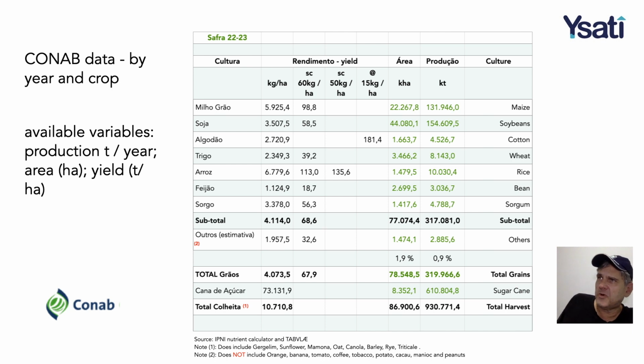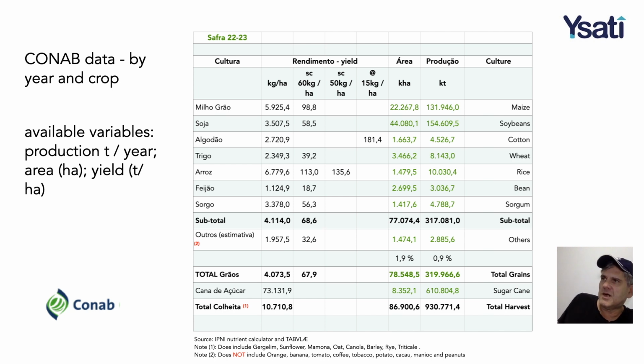It is summarized in the corn, soybeans, cotton, wheat, rice, beans, sorghum. So these are the grains which I really follow and track. And then we do have other outputs like sunflower, mamona, oat, canola, barley, rye, and triticale.